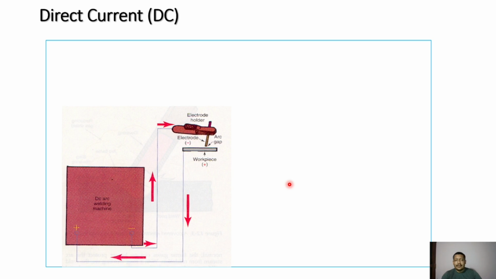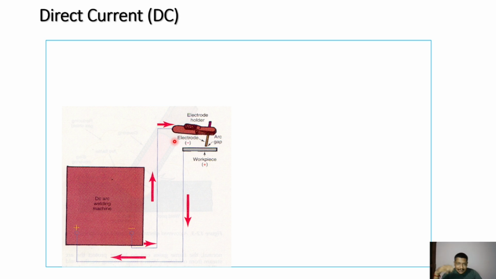Based on that, two modes of supply are available. One is the DC arc welding machine, with a positive and a negative terminal. The negative terminal is connected to your electrode and the positive is connected to your workbench.